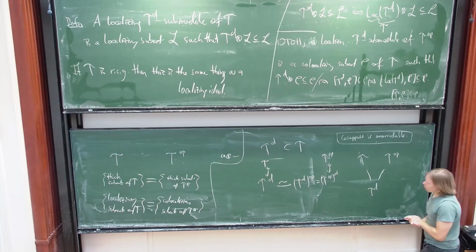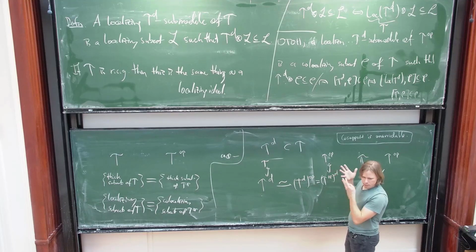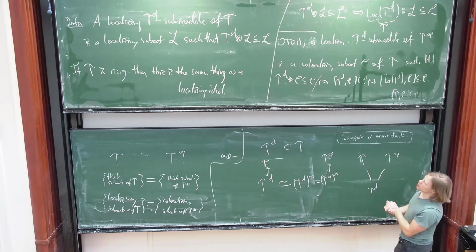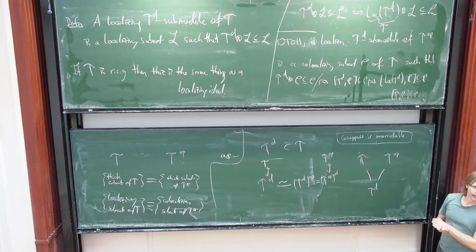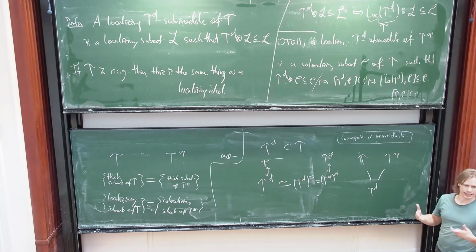And so what one can do is take a perfectly generated non-closed tensor triangulated category and construct a Balmer-Favi style of support.